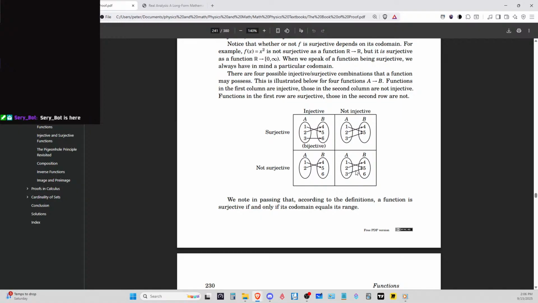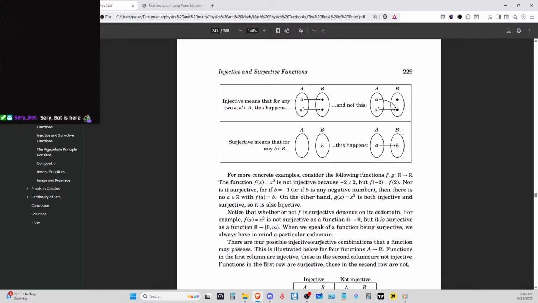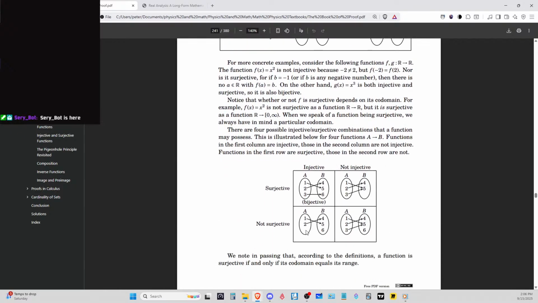Okay, so it's not injective in this scenario, and it's not surjective here, because surjective means that it's onto. So for every element B, there is an A. This one is not surjective because it has 2 and this one has 3, which means one variable might not get used in the B section or the y-axis. Because this one looks like every one is equal on both sides, so there's an equal amount of B's as A's.